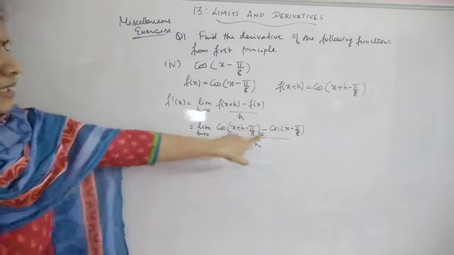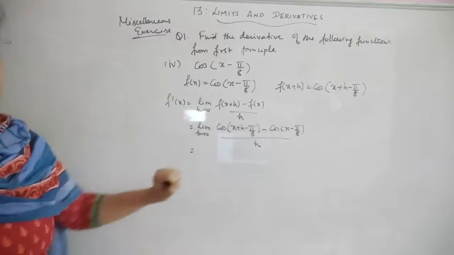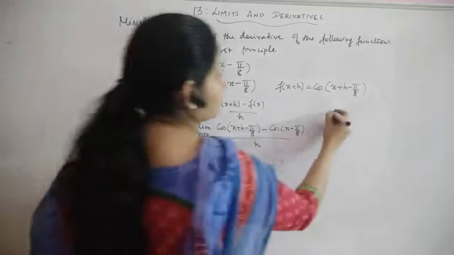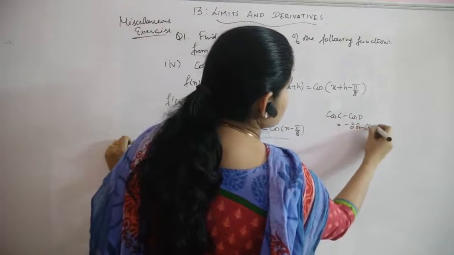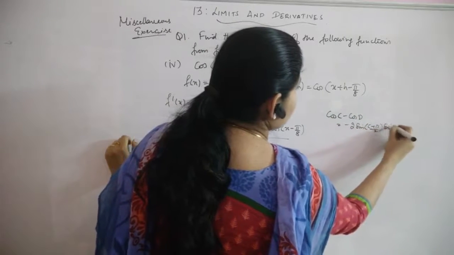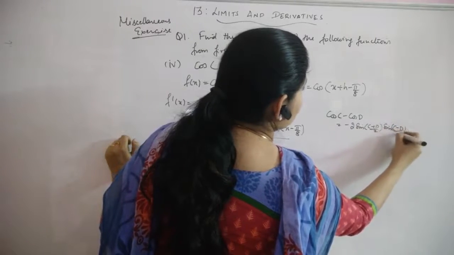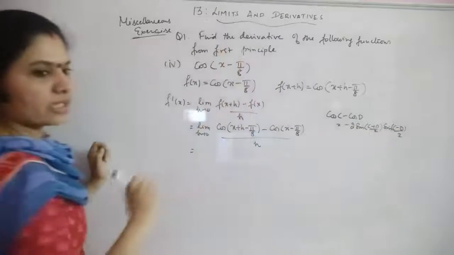Now the numerator is in the form cos c minus cos d. What is cos c minus cos d? Cos c minus cos d is minus 2 sin of c plus d by 2 times sin of c minus d by 2. Both sine terms together with a negative sign.